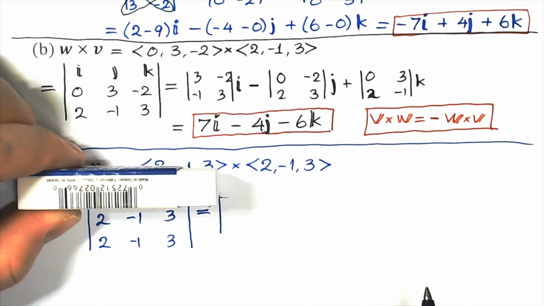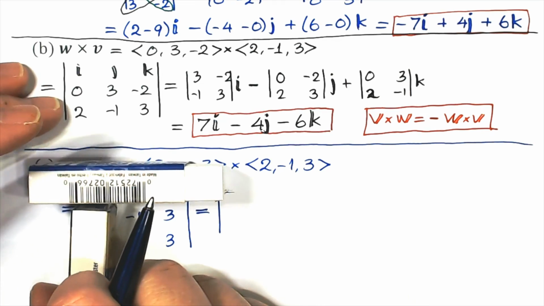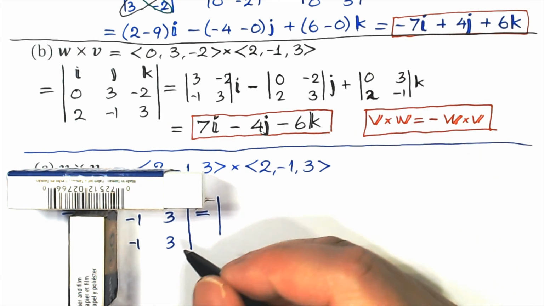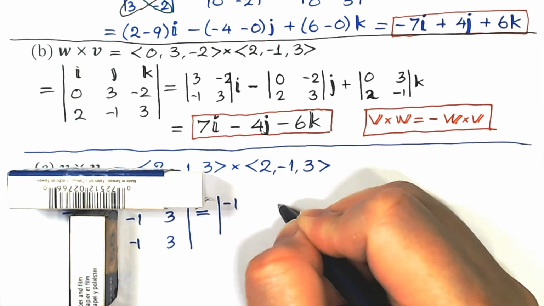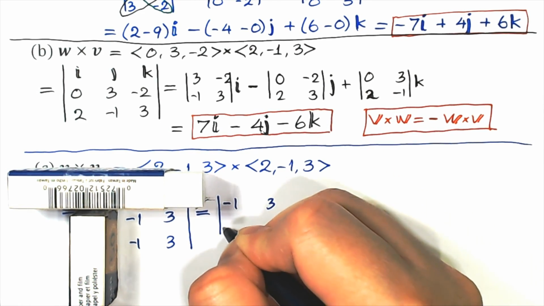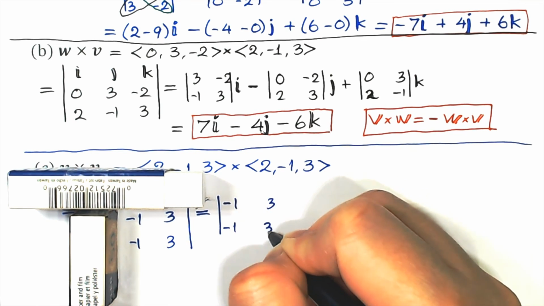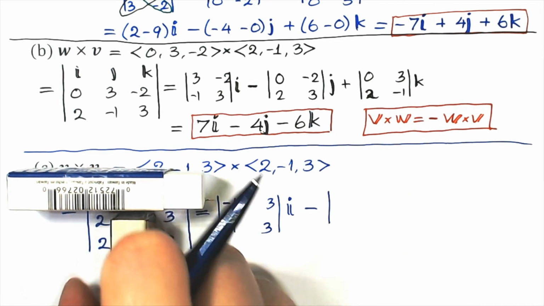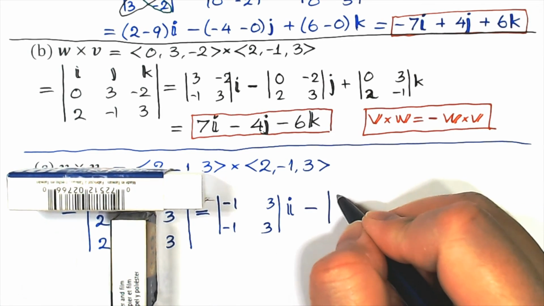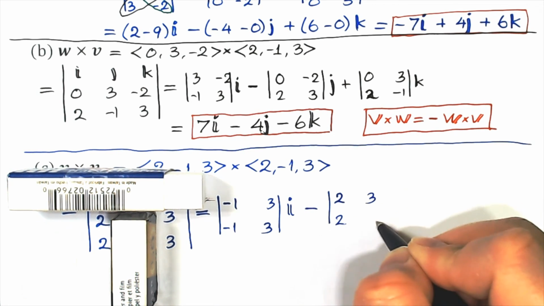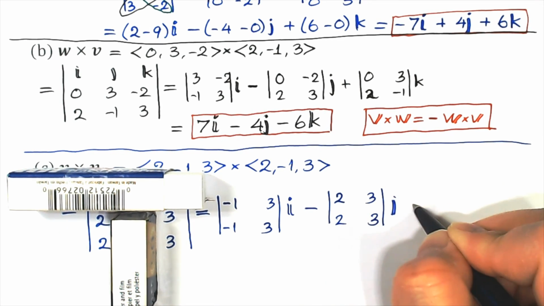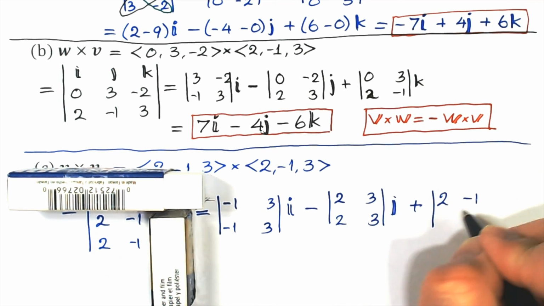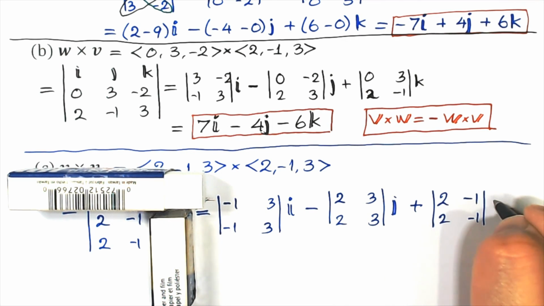So again, we do the same thing: cover i, j, and then k. The j is going to take the negative coefficient, so negative 1 and 3 for i, minus 2, 3, 2, 3 for j, and for k, 2, negative 1, 2, and negative 1 for k.